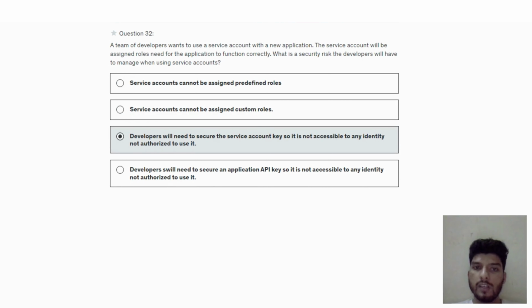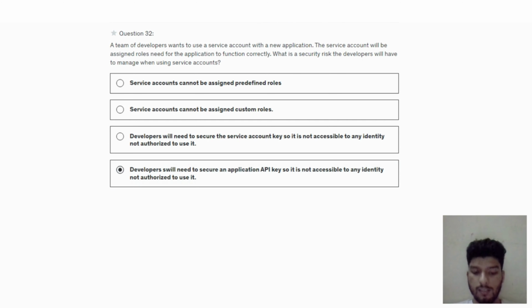The developer will need to ensure the service account key is not accessible to any identity not authorized to use it. And the last option is the developers will need to secure an application API key so it is not accessible to any identity not authorized to use it.